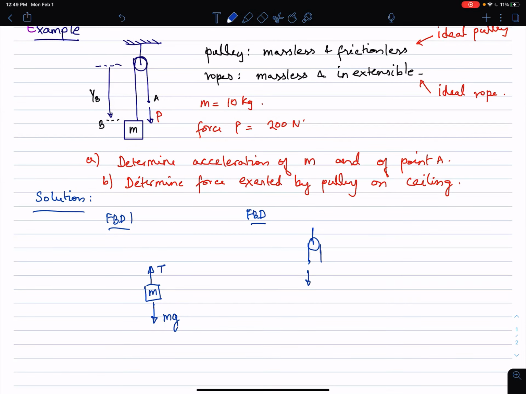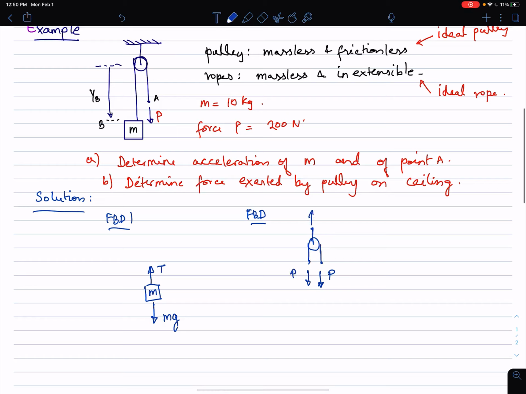So this is the pulley itself. Okay, it's a pulley with the ropes attached to it, I suppose. So on this side we have P, the force on the pulley, on the rope. That's basically going to be the tension, and it's going to be the force transmitted all the way here based on the principles that we just talked about.